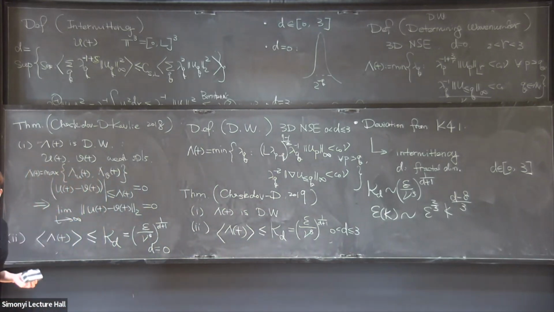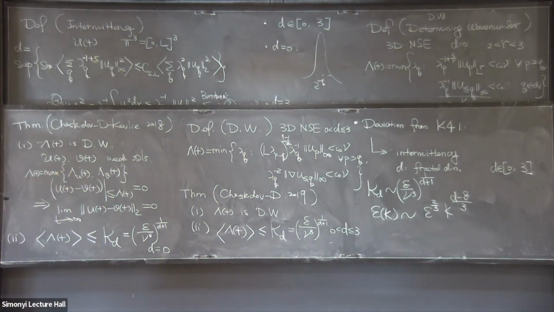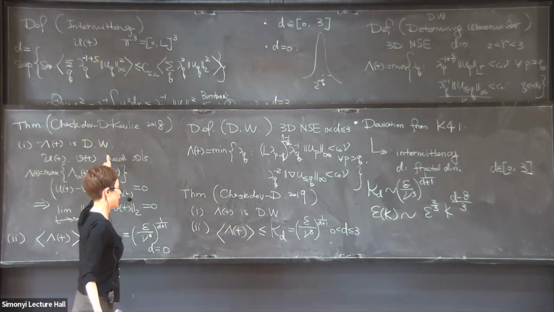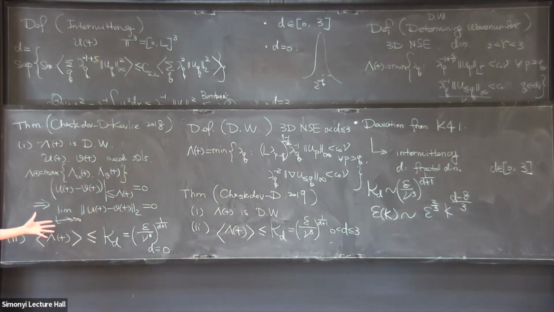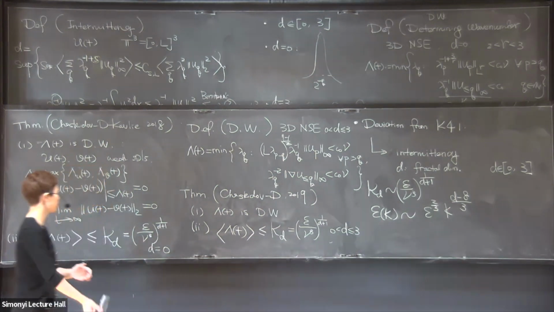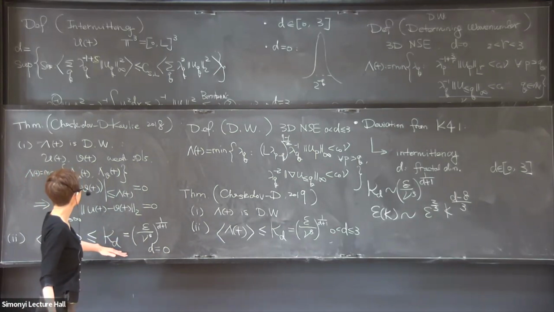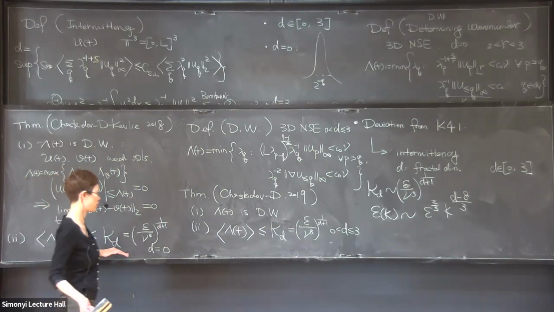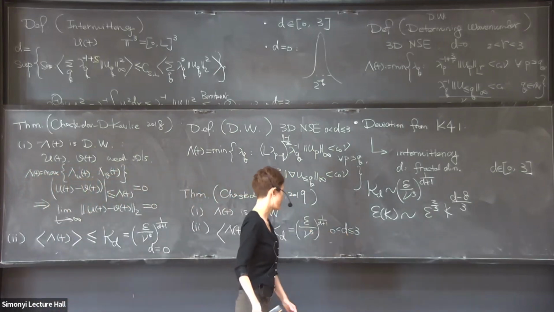So what we did here was two things, right? First of all, we developed a way to treat supercritical cases when we study the determining modes and determining wave number problem. And second, we justify Kolmogorov prediction 1 on the criticality of the Kolmogorov dissipation wave number for all of the regime of intermittency.